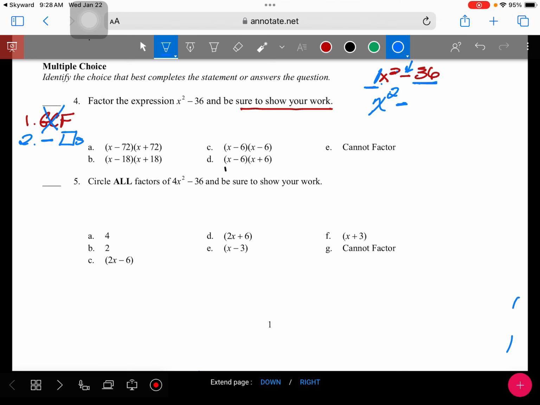Minus, is there something that I can change this 36 to that number times itself gives me 36? 6. So we're going to rewrite that as 6 squared. I always want you to try to rewrite it as something squared. Now it is a difference of 2 perfect squares.